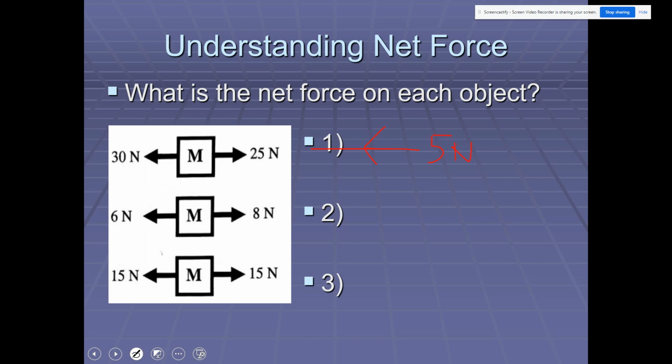The next one, it looks like the force is going in this direction, and it's probably exerting a 2 Newton force. You can actually calculate the acceleration this object's going to have if you knew the mass. And the last one, there is no net force. So whatever motion this object is in, whether it's standing still or moving, doesn't change. It maintains whatever motion it has.